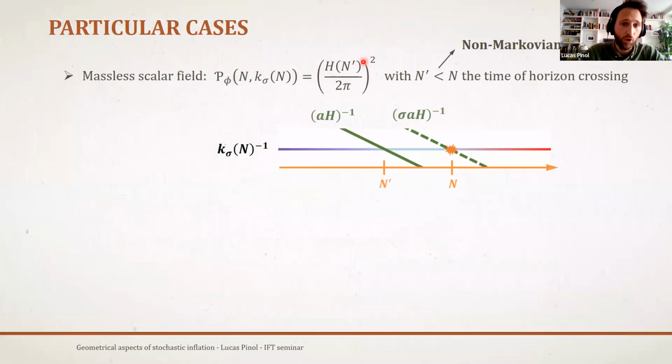It is well known that the typical amplitude of massless fluctuations is H over 2 pi. But if you really take into account the time dependence of your setup, and you look at the power spectrum at the cutoff scale, it depends on the value of the Hubble parameter at the time n prime, which is the time at which the scale exited the horizon. And n prime and n a priori are different. Here you see very well the non-Markovianness of your system: the noise at the time n depends on the stochastic quantity at an earlier time.